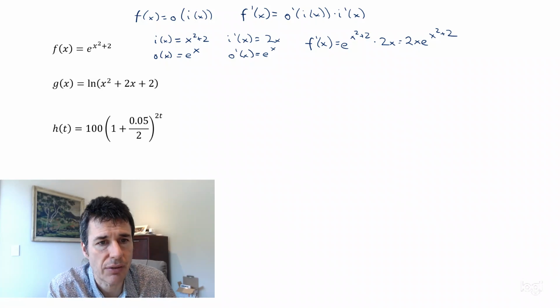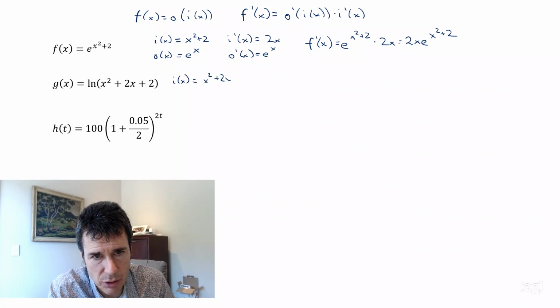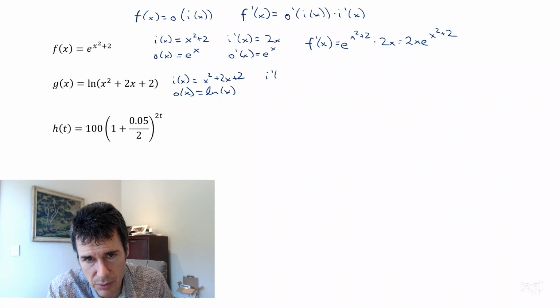Okay, this next function, again, inner and outer functions, we have to choose them. Again, pretty clear what we should choose here. The inner function is x squared plus 2x plus 2. The outer function is natural log of x. Write down our derivatives. Derivative of the inner function is 2x plus 2. The derivative of the outer function is 1 over x.